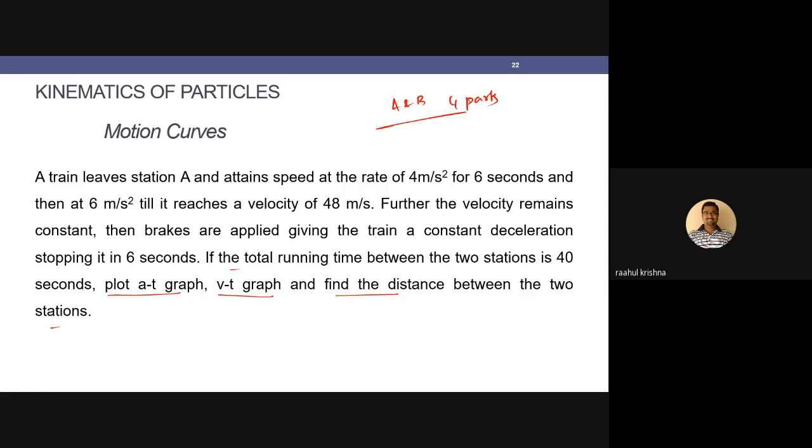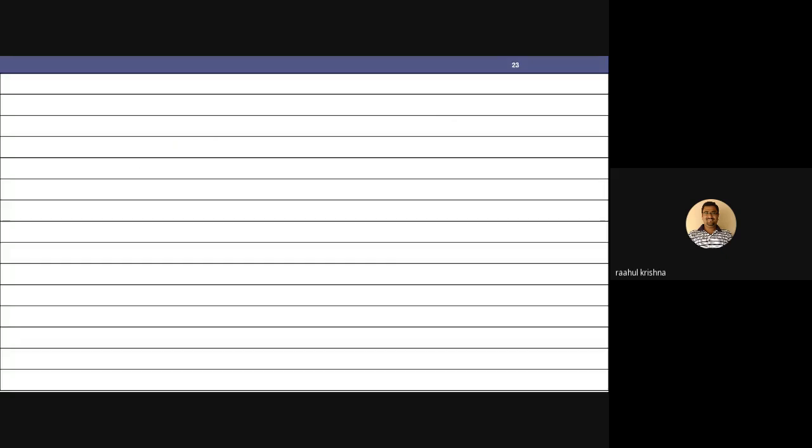Have you taken the screenshot? Yes, sir. Okay. Now, the motion between A and B, what is the total time? My total time is 40 seconds, right? That is given in the question.